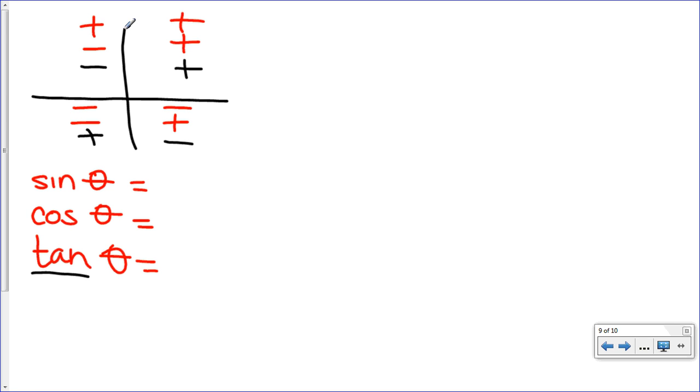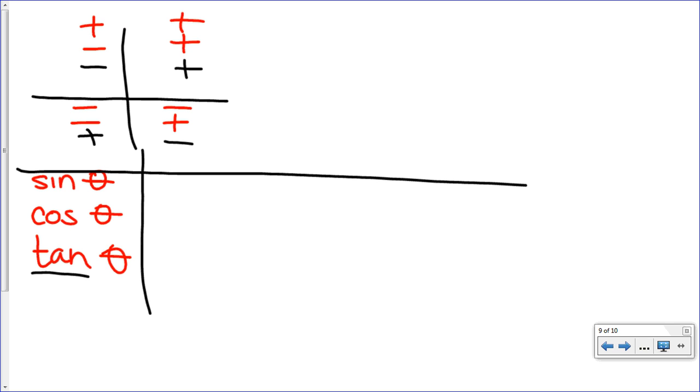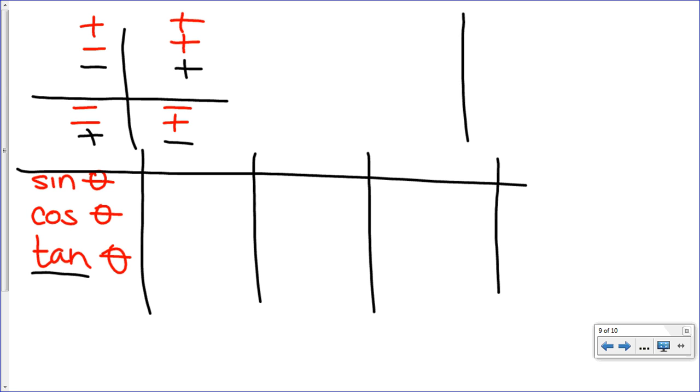Now, what I would like for you to do, and just find some room on your paper, we're going to make this quick table. Oh, also, very important that we know the following. If we have a unit circle, we should know the coordinates of these points that are intercepting the x and the y-axis, right?